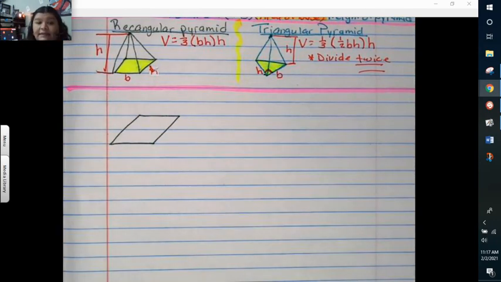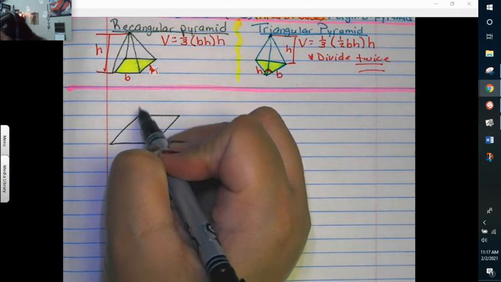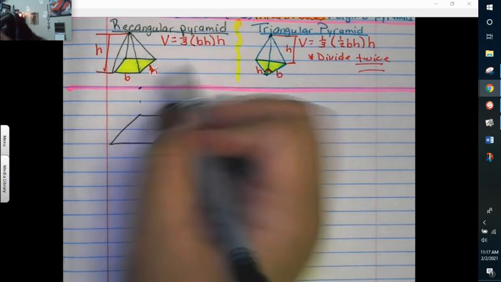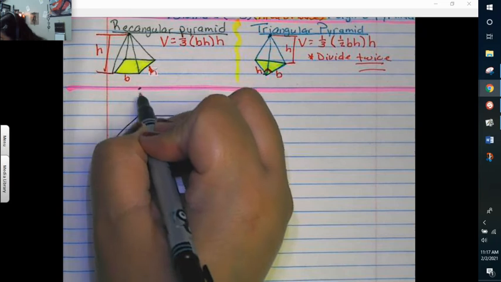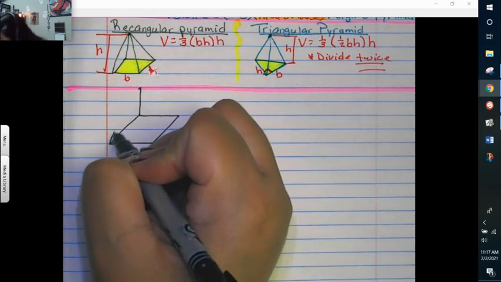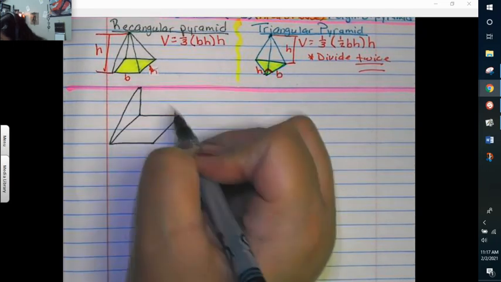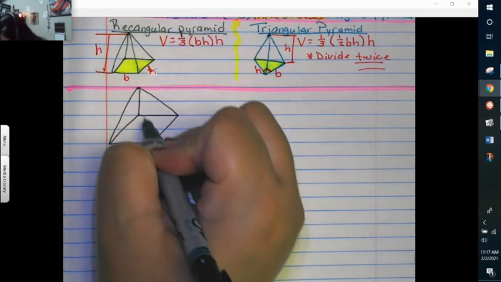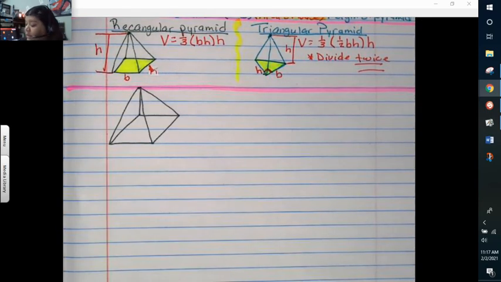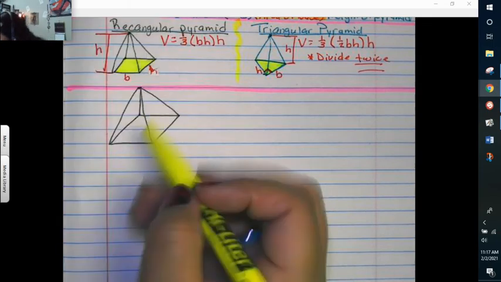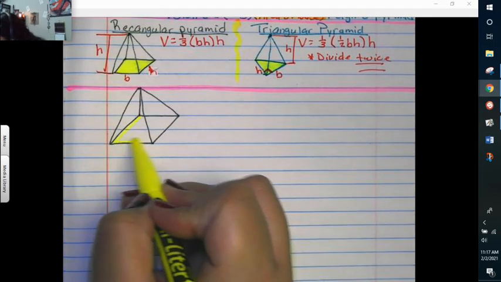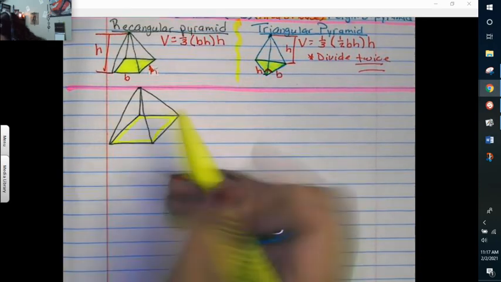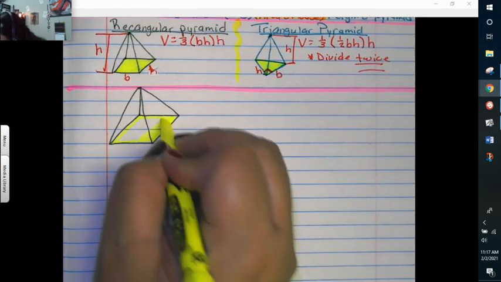Now from this endpoint, I'm going to go up 1, 2. There's my dot. And now as straight as I can go, I'm going to connect all my endpoints to that dot. There we go. And I'm going to highlight the base just so it stands out. Once you highlight the base, you can see the picture better.